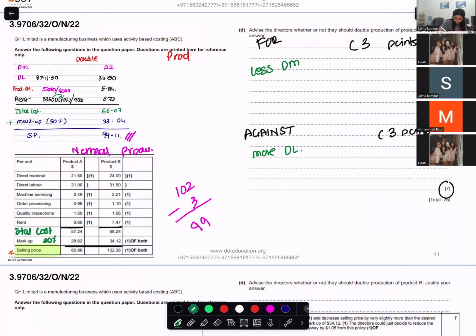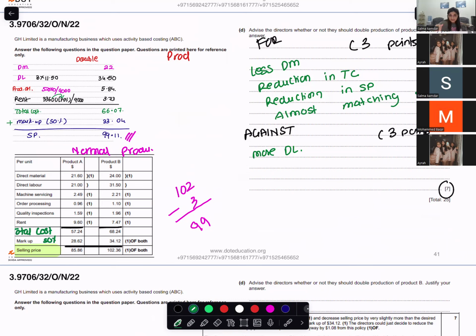You have to give the figures also, okay? So a reduction in total costs, that is why a reduction in selling price, so you can compete with the competitor. Almost matching with the competitor's price.